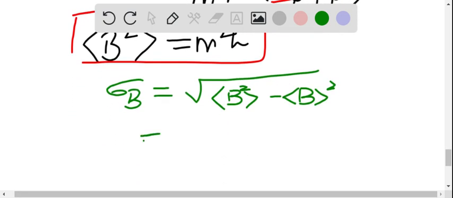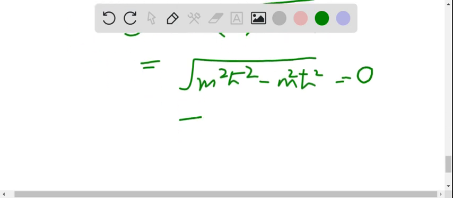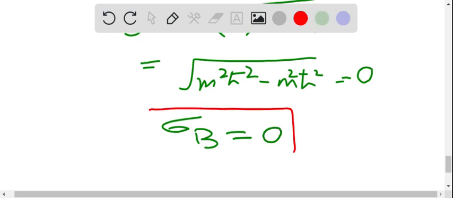Plugging in the values, you would have m square h square minus m square h square. So that would be equal to 0, and from here we conclude that sigma b is equal to 0. So this was the solution for part b.